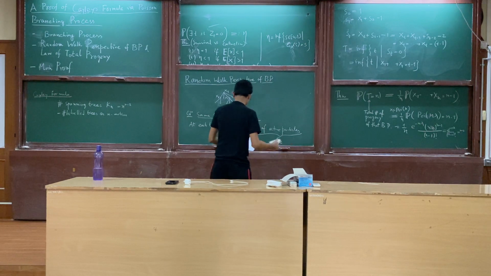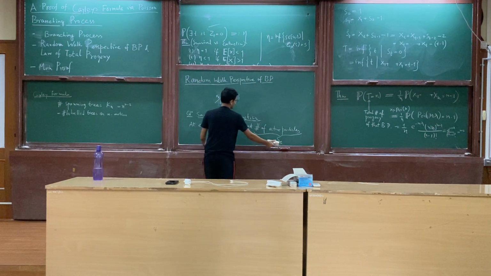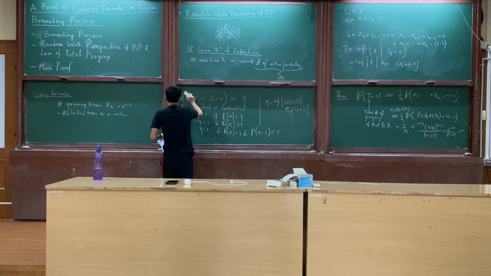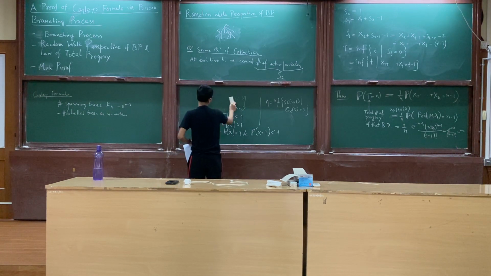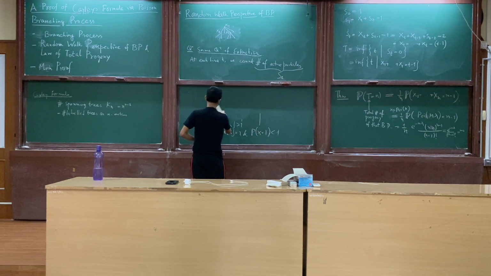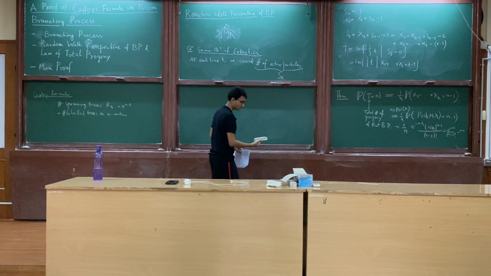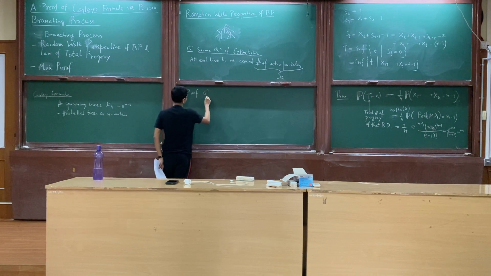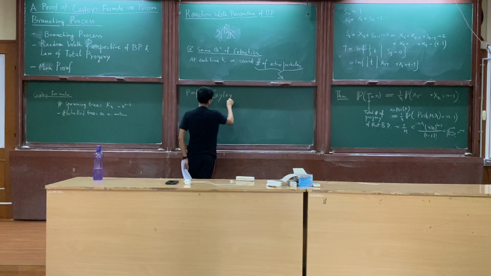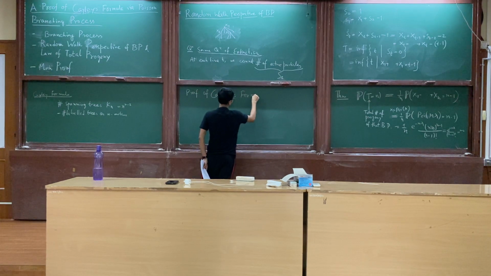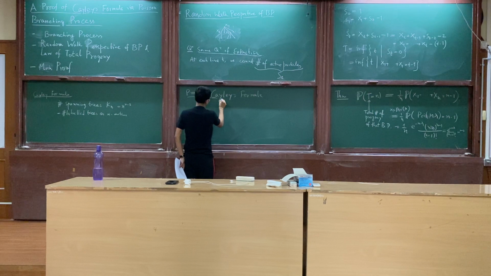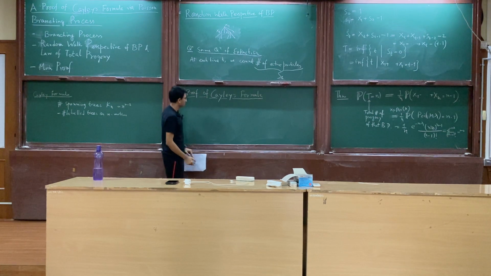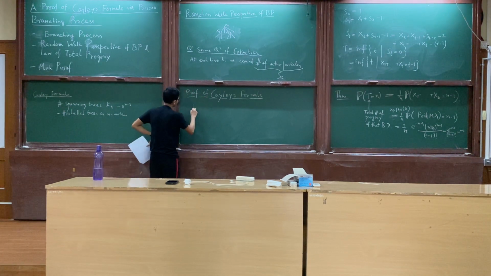Now we go to the main proof. So we introduce something called family trees.